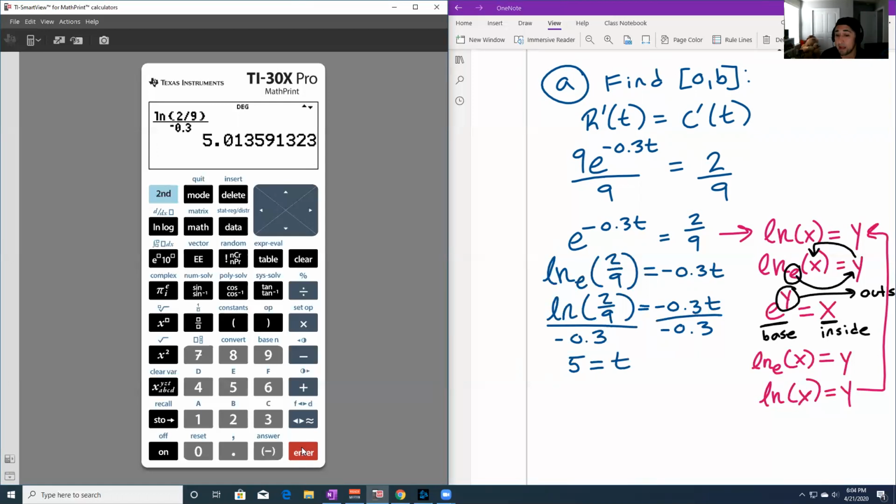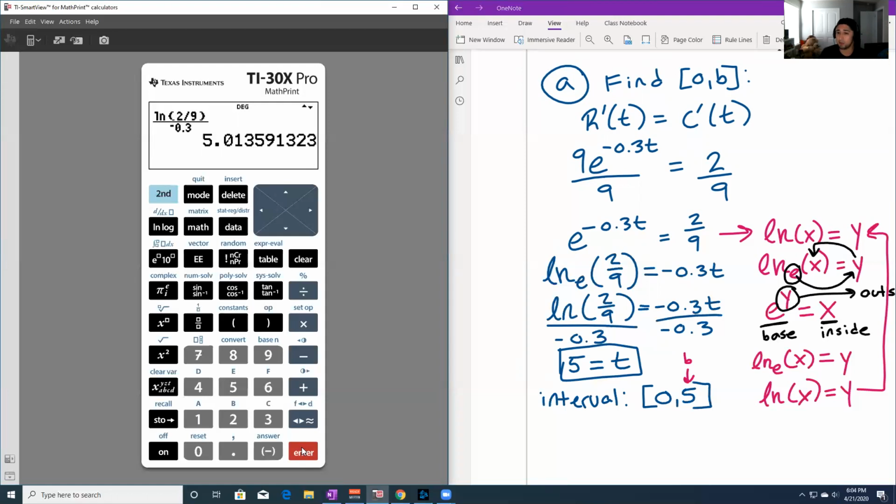which means we have found our b value. This means that the interval is going to be from 0 years to 5 years. This was the b value. Okay, there you go. Breathe it in, take a picture, write it down, pause the video.